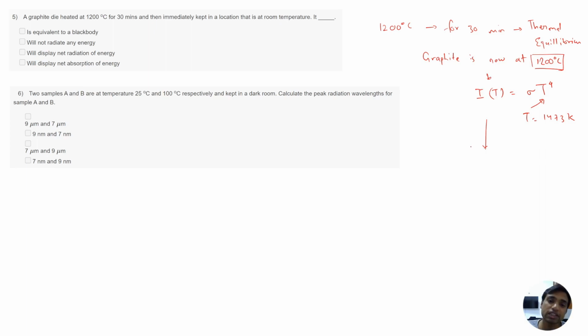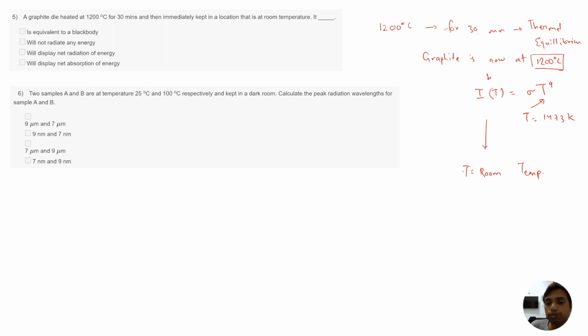Now when you immediately keep it at room temperature, it will still be at 1473 Kelvin, because it will take some time to achieve thermal equilibrium.